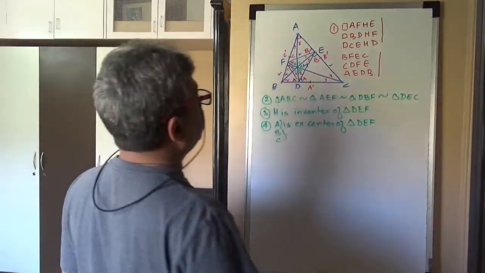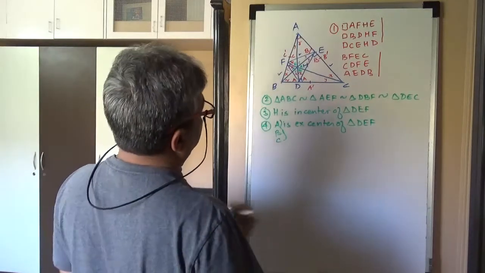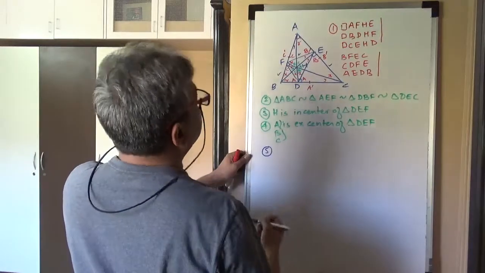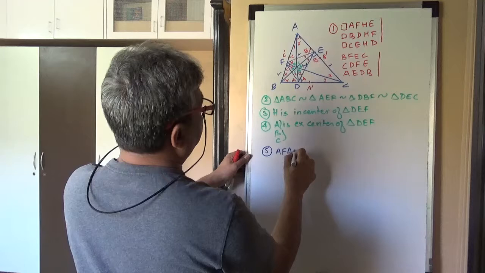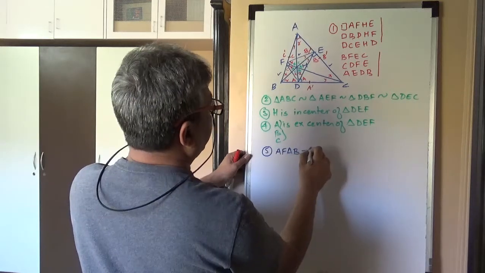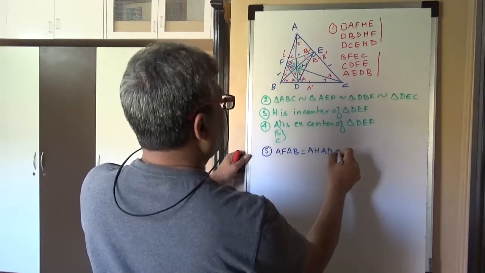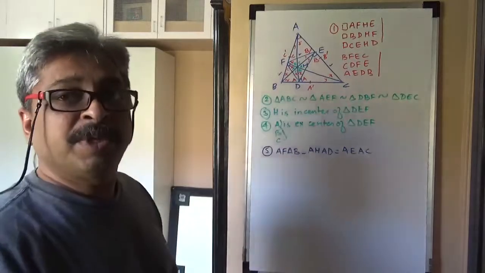Then, using similarity, some similar triangles in this configuration, we can eventually prove a few more results. The results include basically AF times AB is equal to AH times AD is equal to AE times AC. This is by using PA times PB is equal to PC times PD.